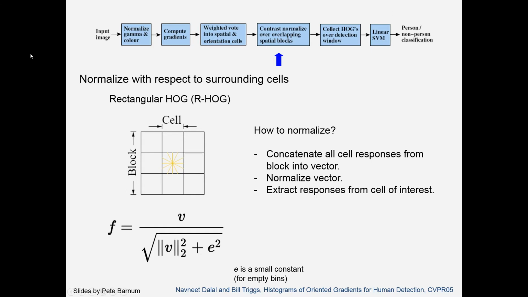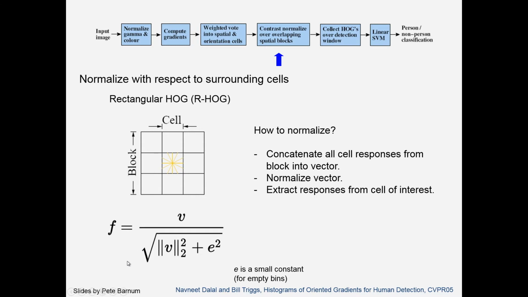He did a normalization such that after you have the histogram for each of these cells, for example, you consider these particular cells here. He normalizes the histogram values across neighboring cells.